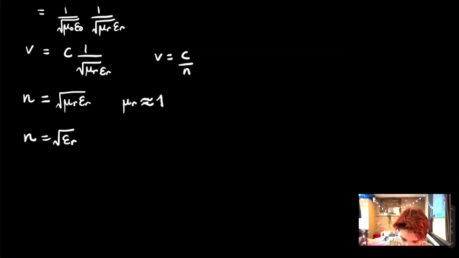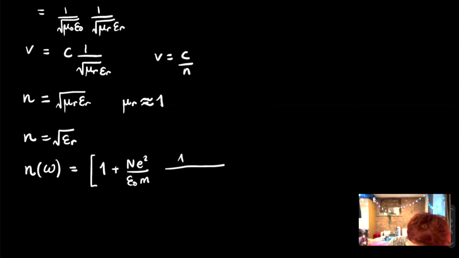So basically, this is then going to simplify nicely down to the refractive index being equal to simply the square root of epsilon r. And now we can plug in our value for the permittivity that we derived earlier into this in order to obtain an expression for the refractive index of our system, which is being driven by an electric field. So this is going to give us a refractive index, which is going to change as a function of the driving frequency. So what are we going to get when we substitute this in?